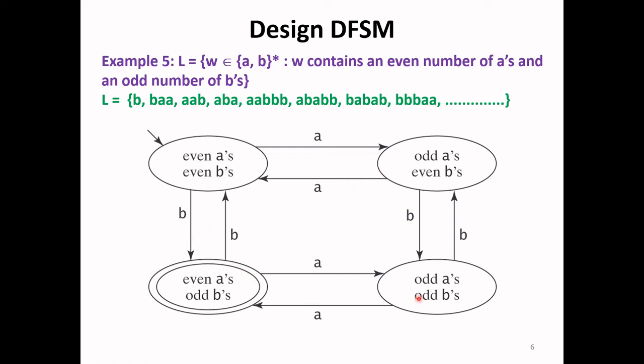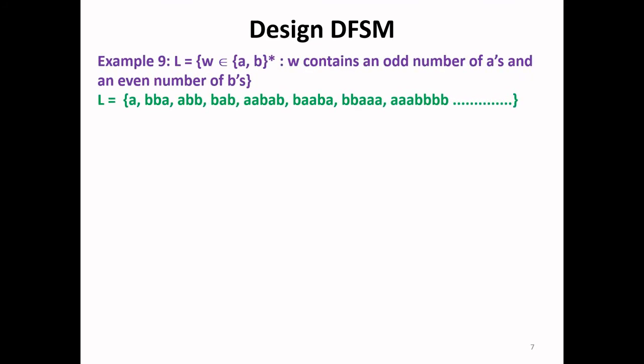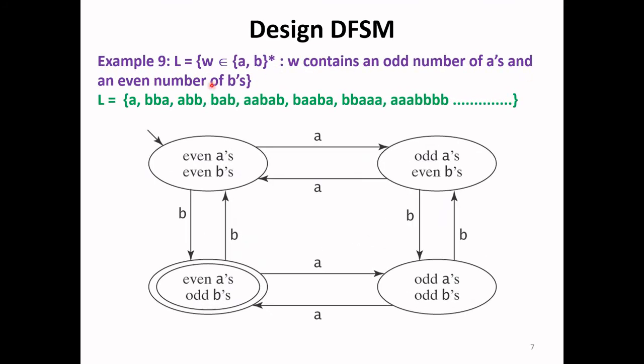and the rest will all be intermediate states. Similarly, for odd number of A's and even number of B's, this state will be the final state and the rest will be intermediate states.